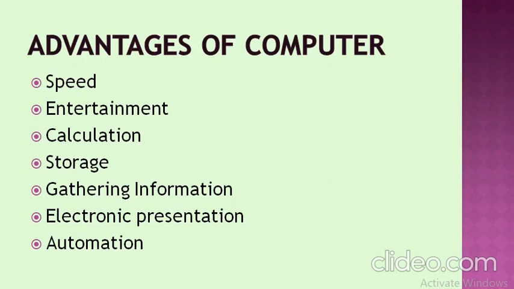If we have heard a new term and we do not know its meaning, we just switch on the internet, and on the Google window we can find out the meaning of any difficult word, or any information we want. In this way the computer helps to gather information quickly using the internet.